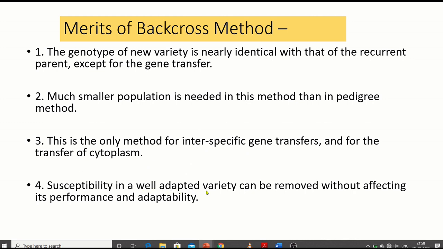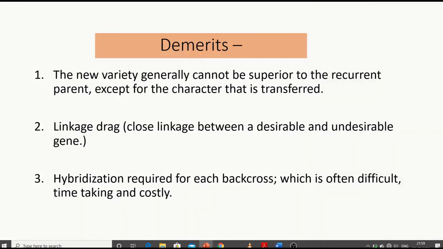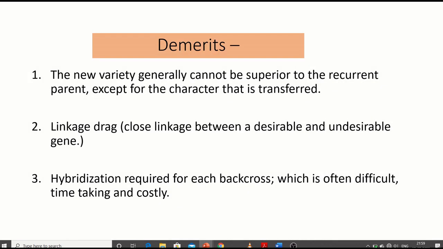Susceptibility in a well adapted variety can be removed without affecting its performance and adaptability. So this resistance can be introduced easily, and this is usually possible with qualitative genes.